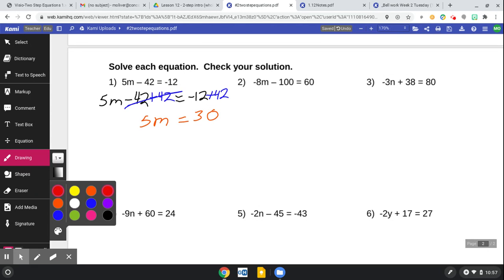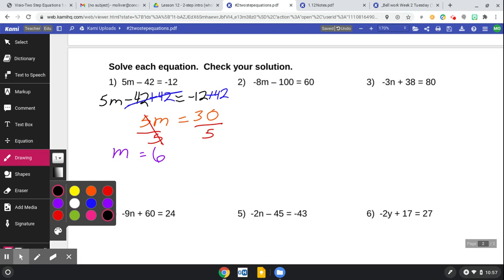Now we have to do like we did before. We undo multiplication with division. And whatever I do on one side of the equal sign, I got to do to the other. So my solution is m equals 6.